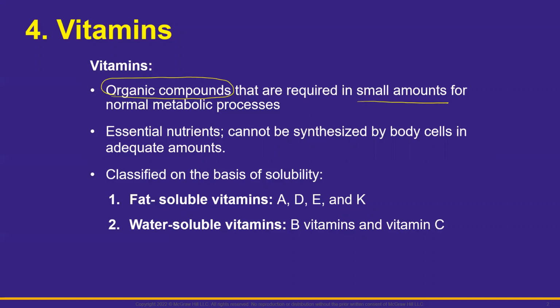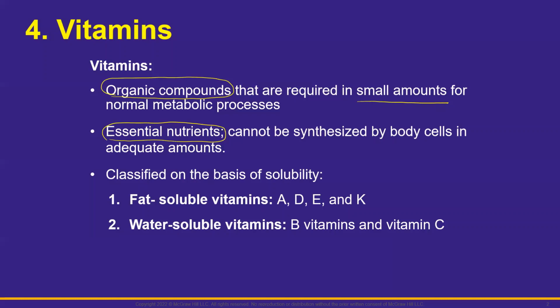There are two types of vitamins, of course. The essential vitamin or nutrient is the one that cannot be made or synthesized in our body. Therefore, it has to be taken from diet.